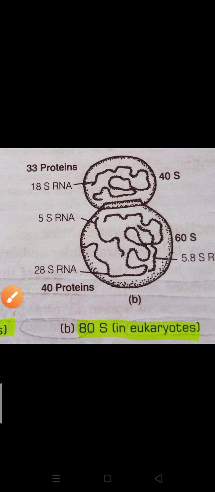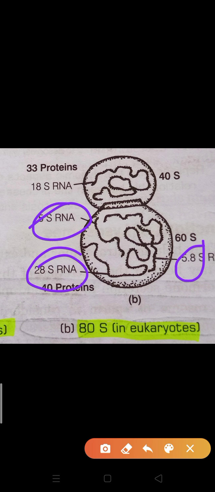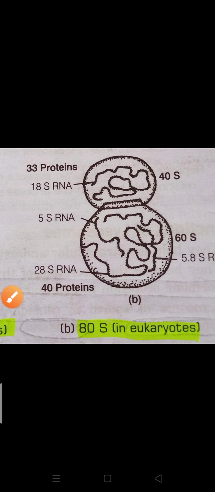In this case the large unit is made up of three parts: 5.8S rRNA, 28S rRNA and 5S rRNA, and the smaller unit has the 18S rRNA. These are the compositions of the large and small units. So the protein is very important and the rRNA part is also very important. So these are the types and formation of the ribosome.